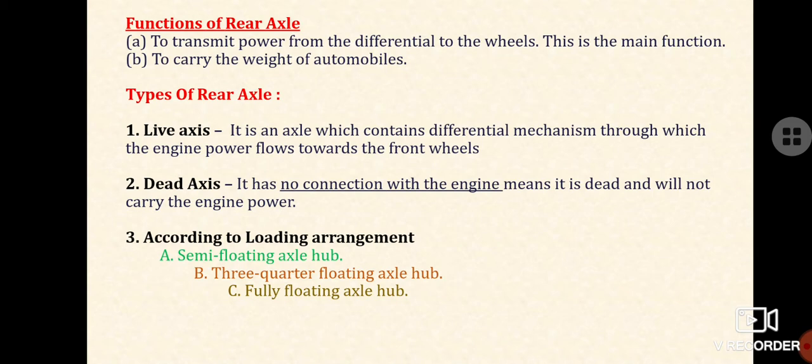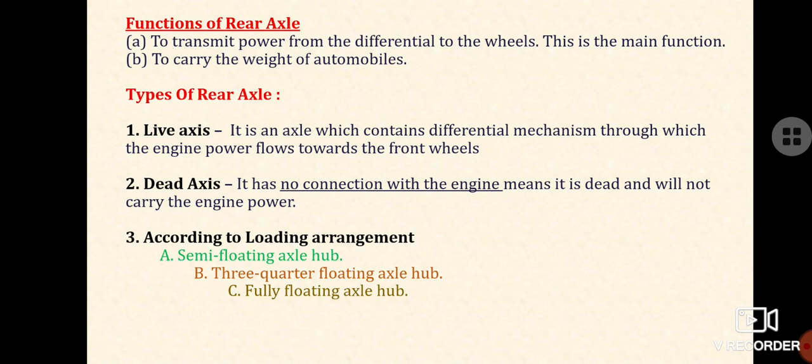There are three types of rear axles: live axle, dead axle, and third, according to the loading arrangement. Live axles generally contain the differential mechanism through which the engine power flows towards the wheels, and dead axles have no connection with the engine, means it is dead and will not carry the engine power.